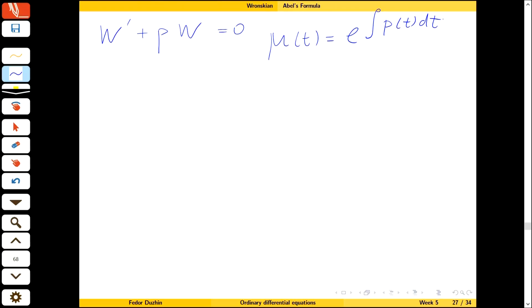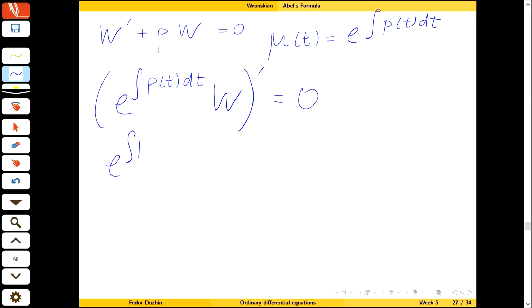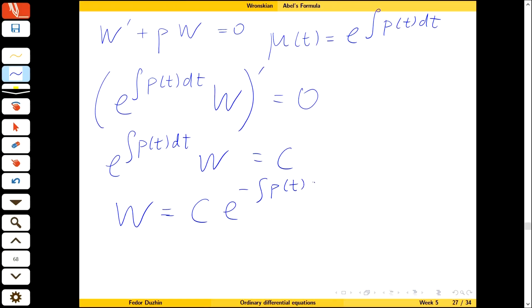Multiplying by the integrating factor, we get the equation: integrating factor times w, everything prime, and the right hand side is still 0. But then e to the power integral of p of t dt times the Wronskian is a constant, which means that the Wronskian is a constant times, dividing by the integrating factor, e to the power minus integral p of t dt, which is exactly Abel's formula.